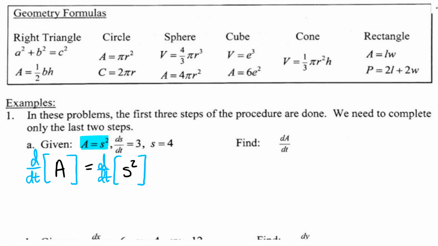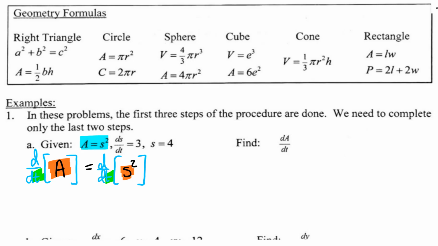I'm deriving both sides of the equation with respect to t, time, which means my variables are not going to match. Because we're deriving with respect to time, and time is not one of the variables in the original equation, every single variable, when derived, will also require the chain rule, the derivative of the inside, to be multiplied on as well.